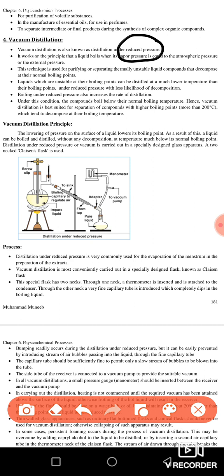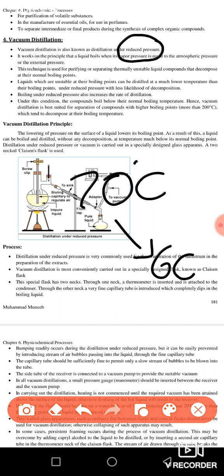If a compound boils at 70 degrees, then when you decrease its pressure, its boiling point decreases to 60 degrees. This is very useful for us, because it is easier to attain a temperature of 60 degrees than 70 degrees.